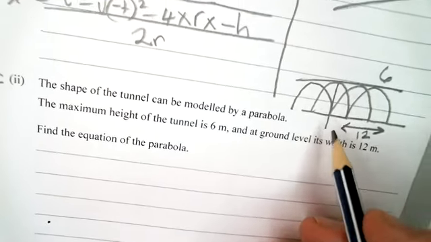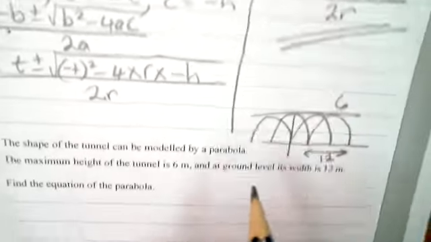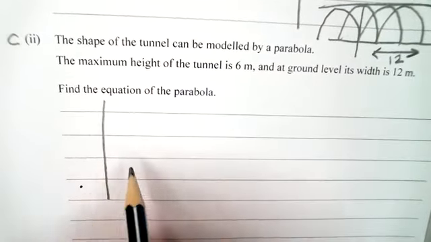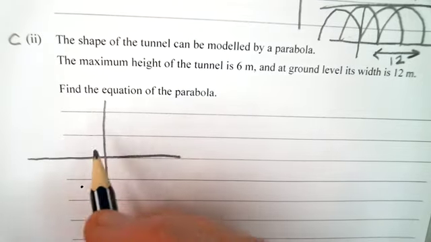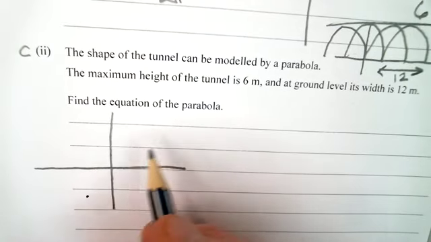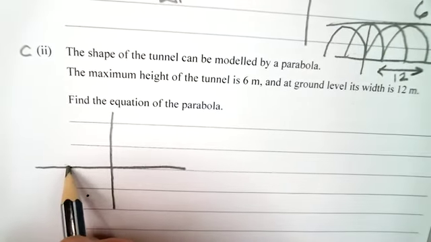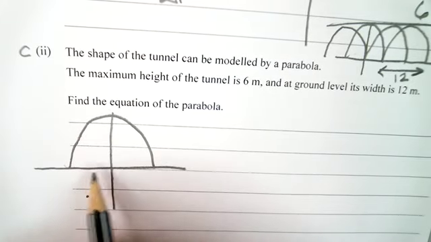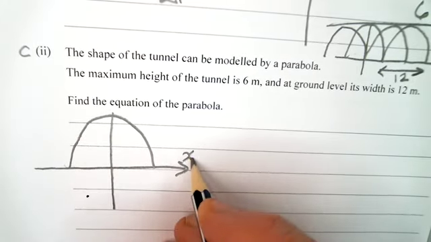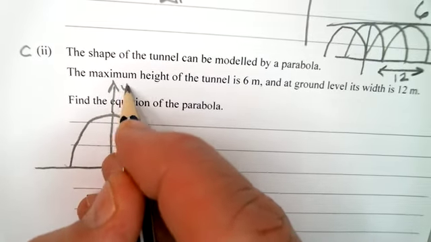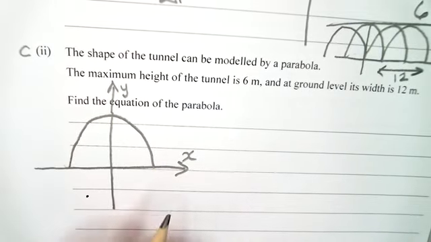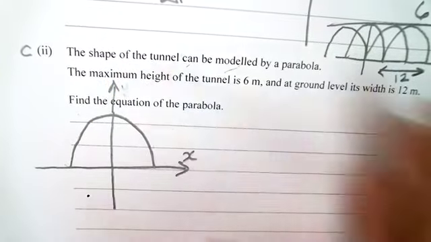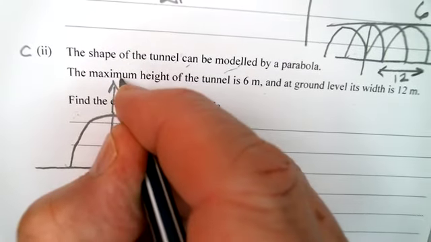My first inclination, if not having to do it like this, is to make it symmetrical around the x-axis, in which case that would be the easiest possible one that I could see. So it's going to be a width of 12, so it's going to be something like this. I'm going to stop it at the ground level. We'll call the x-axis ground level. Here's h, it's height, so I'm going to call that h for height.